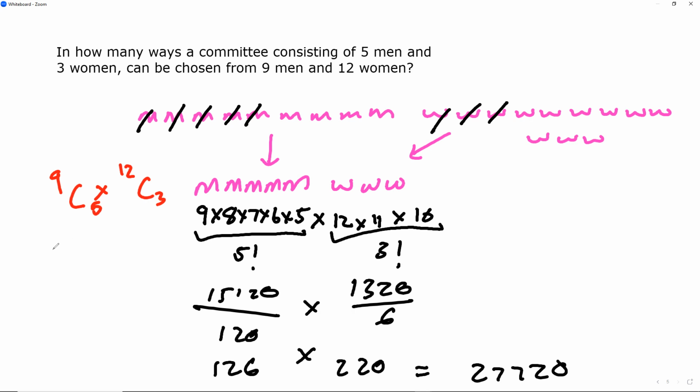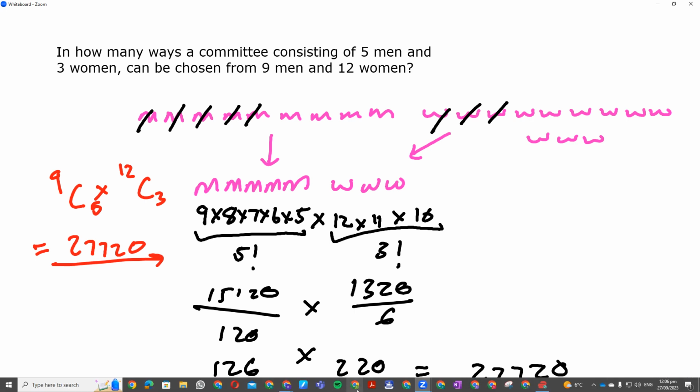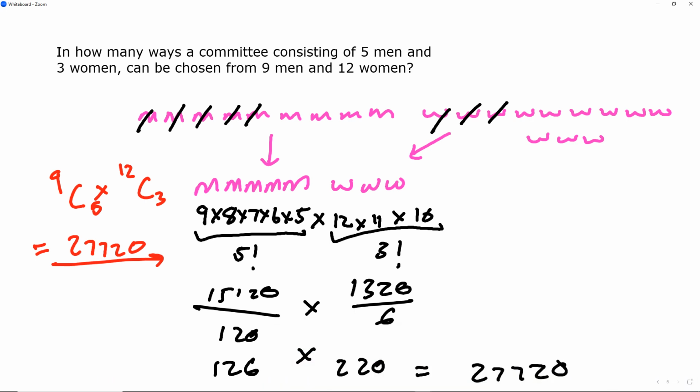Comes to the same answer. 27,720 different ways. But the actual combination doesn't show you the detail that I'm showing you here. You just got to understand this is what's happening, and that's the quick way of doing it.